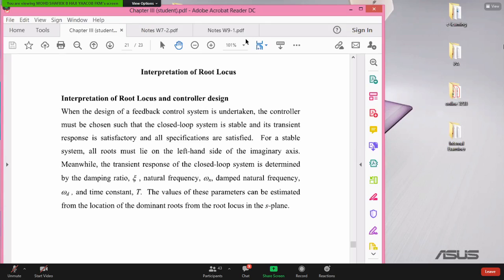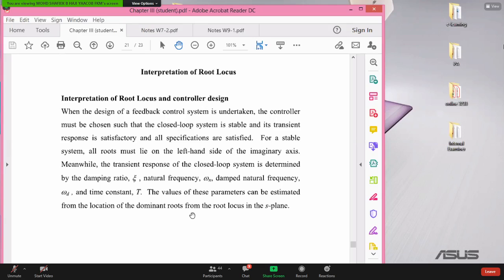But how can we determine the damping ratio, natural frequency, the damped natural frequency, the time constant just from the root locus diagram? We can estimate all these values from the root locus diagram. The value of these parameters can be estimated from the location of the dominant roots from the root locus in the S-plane. We are just going to estimate the behavior of the system based on the dominant roots.